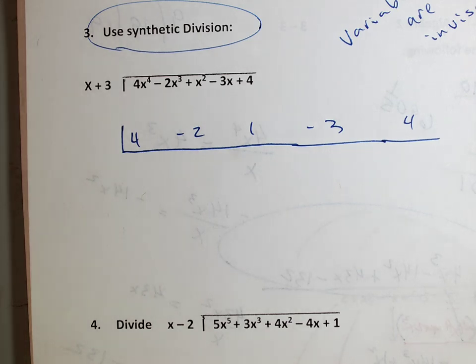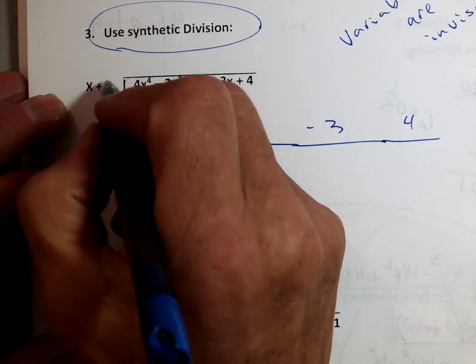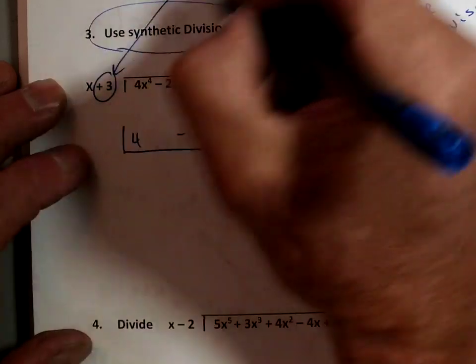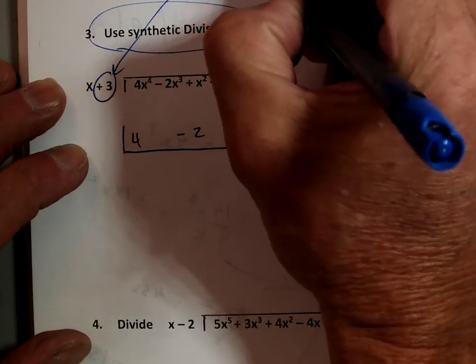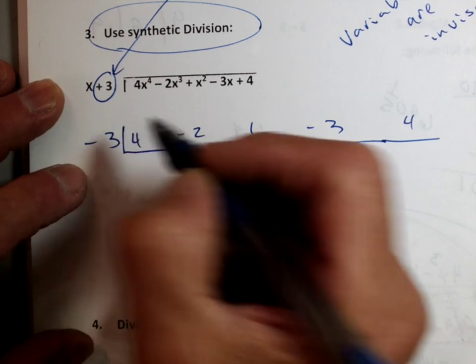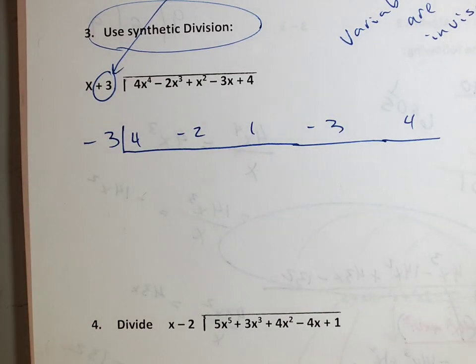Now, the next thing I'm going to do is take the opposite of this number, -3. I'm taking the opposite of that number, -3. And the reason we do that is because we've changed it to a negative, and instead of subtracting, we've already made the subtraction part of the problem. You with me?